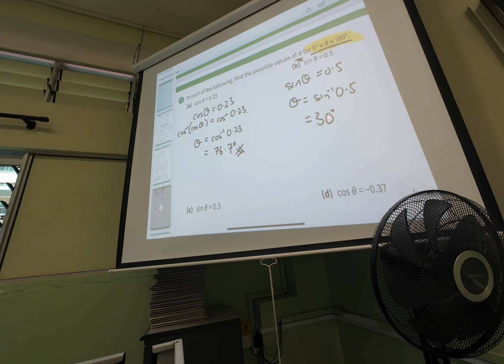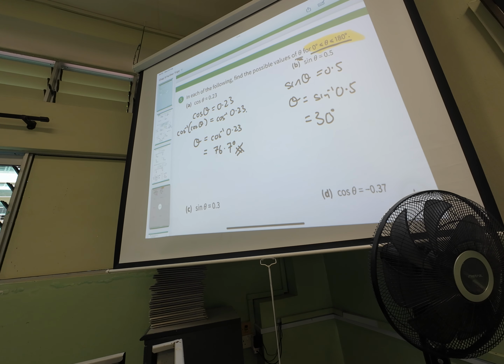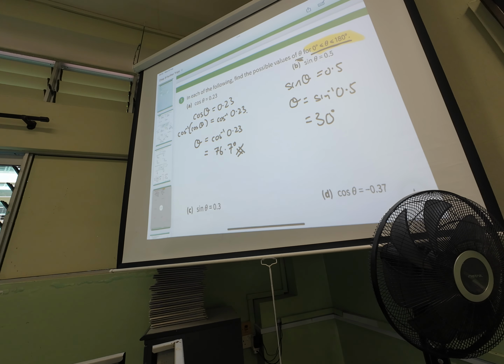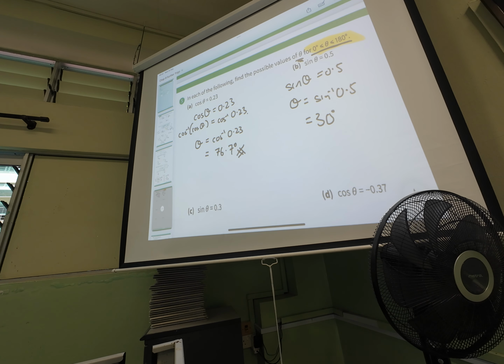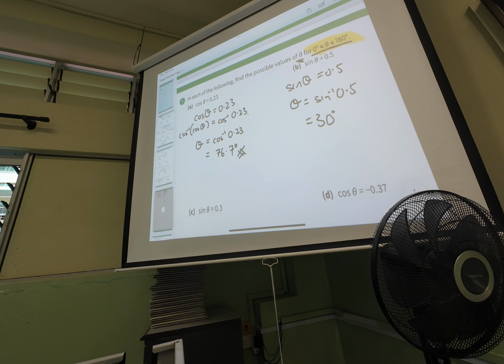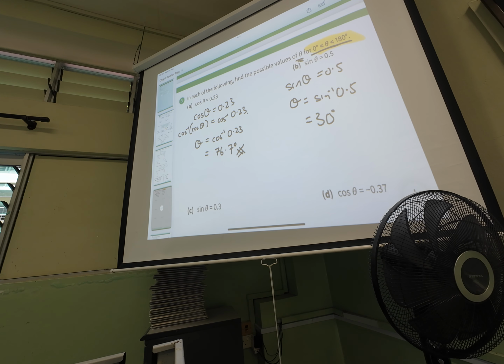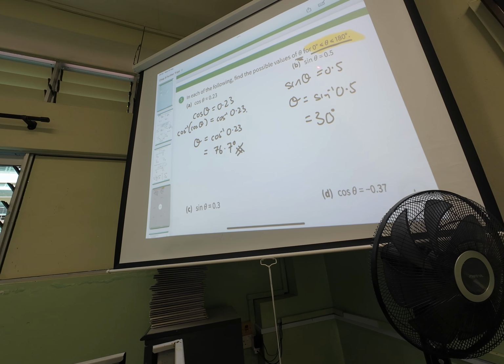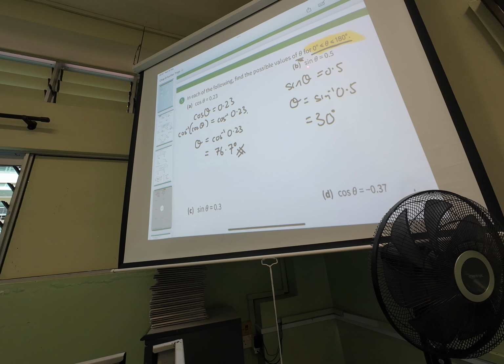So 30 is not the only solution. If you press your calculator, sine of 150 degrees, you will also get 0.5. So there are actually 2 answers for this question.